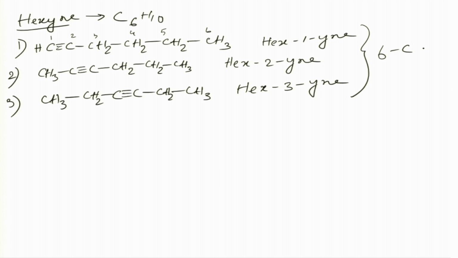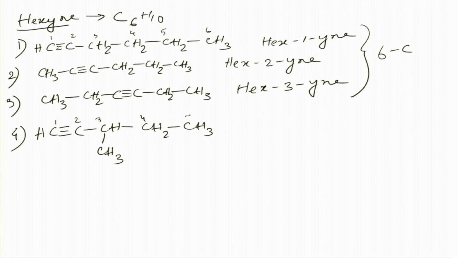Now, if we write some branched alkynes with a 5 carbon chain, one is this, and we can name it 3-methylpent-1-yne.